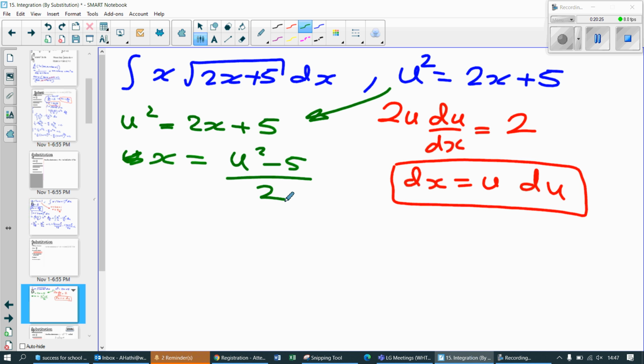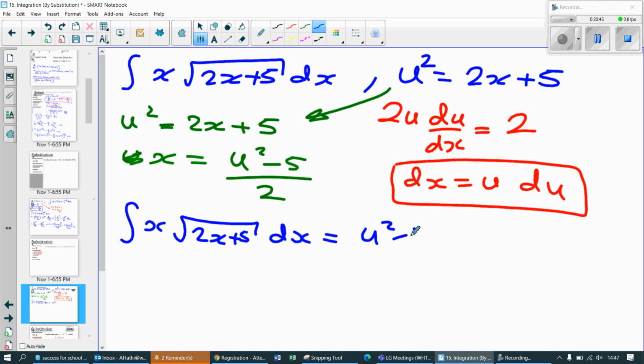Now, let's go back and do our normal substitution. The integral of x root 2x plus 5 dx equals, well, what's x equal to? u squared minus 5 over 2. Therefore, what's the square root of 2x plus 5 equal to? u. It's not u squared, is it? u squared is 2x plus 5, so the square root of 2x plus 5 is u.